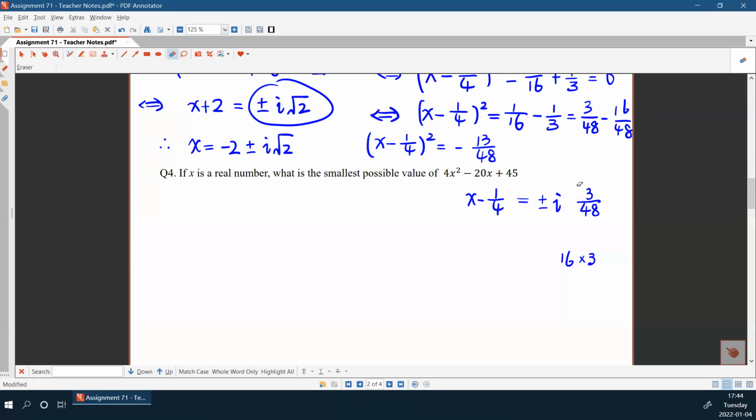So basically, we need to put 4 outside the square root symbol, which is 13 over 3, right? You see that?